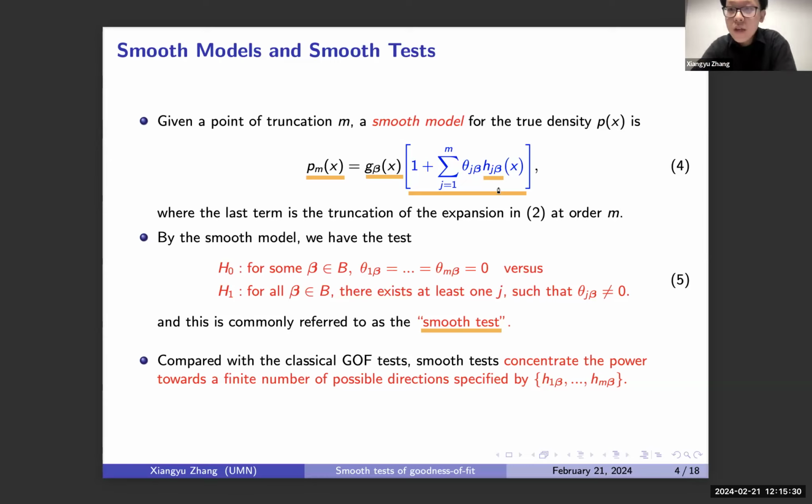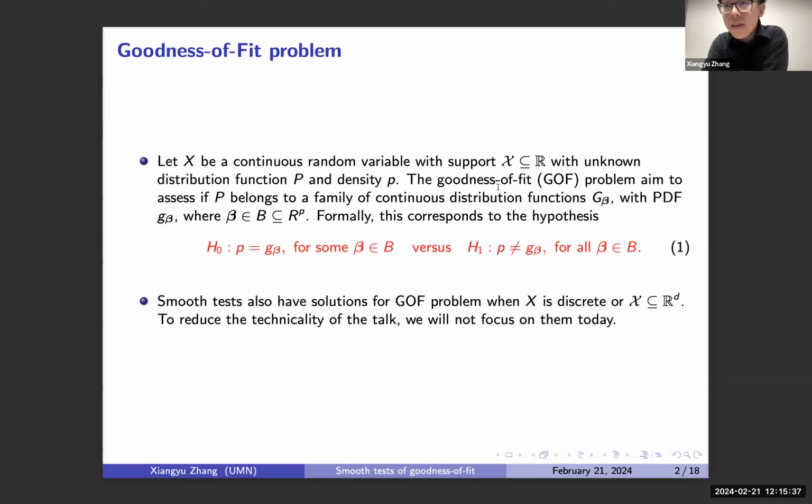Right, that's a very good question. So if we consider the traditional goodness of fit tests, we have the Kolmogorov-Smirnov test, the Anderson-Darling test. Can I jump in for a moment, Xiangyu? Sure. What Jeff, I believe, is asking about is smoothing itself, not smooth tests.